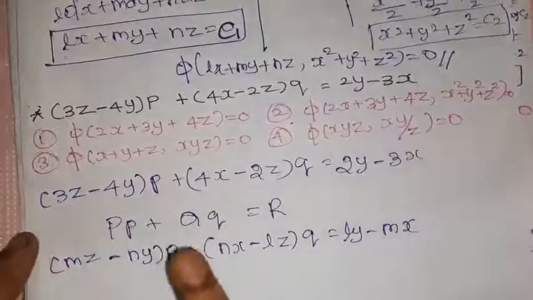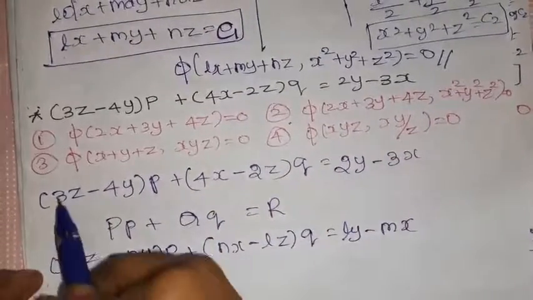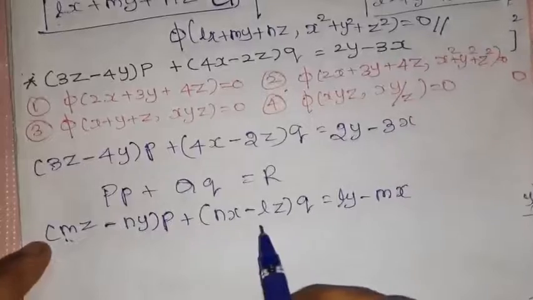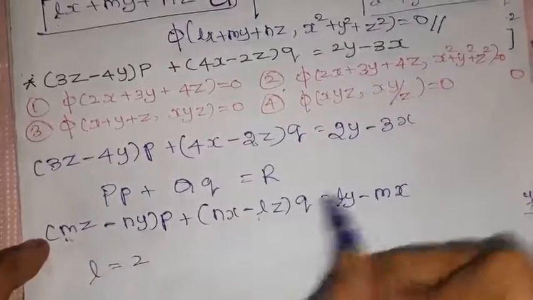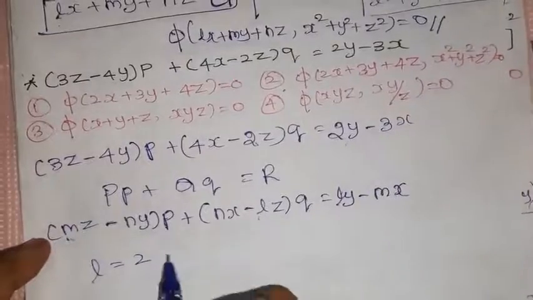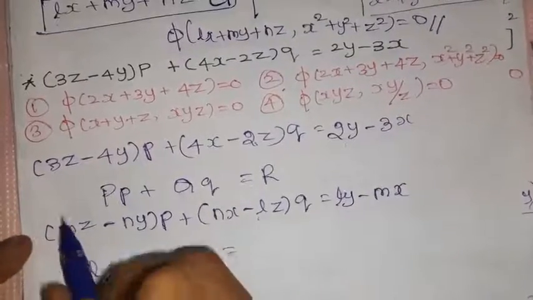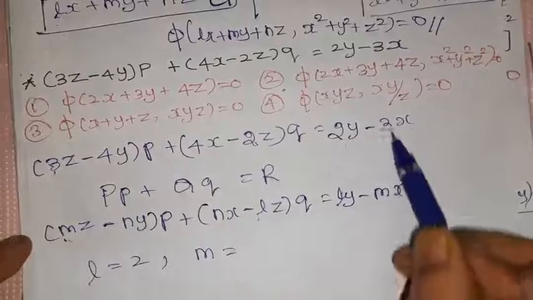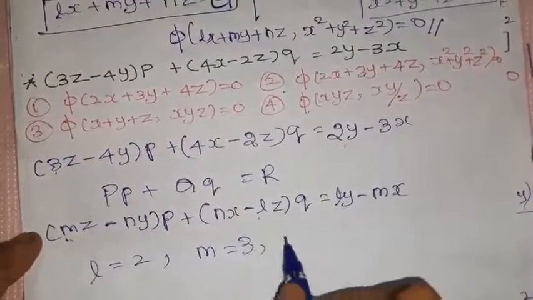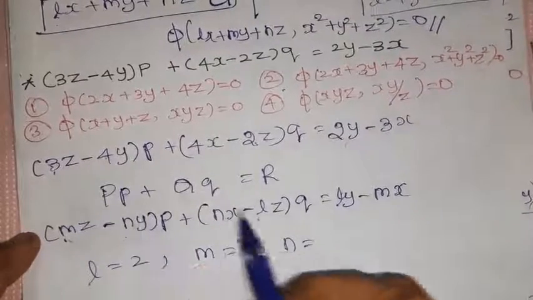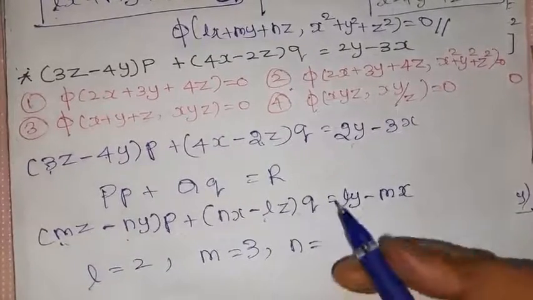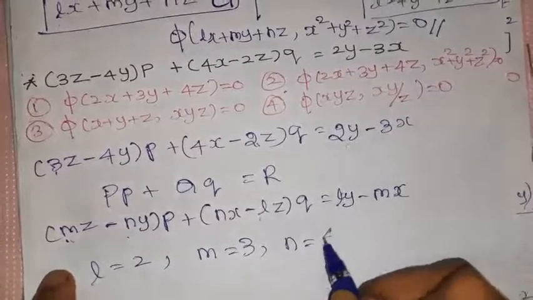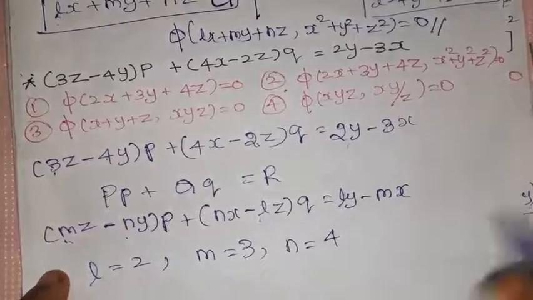By comparing with the previous equation, what is l? L equal to 2. Then what is m? M equal to 3. Then what is n? N equal to 4. Just the numerical term substitution. So l is 2, m is 3, n is 4.